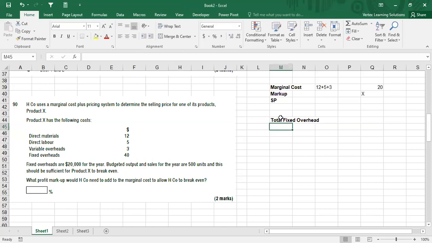I have seen many management accountants making calculations and budgets where they mess up the budget by taking fixed overhead per unit. What does that mean? Let me show you why I say it is a dangerous error. Suppose I tell you that your variable cost per unit is 20, like in this question, and your fixed cost per unit is 40.